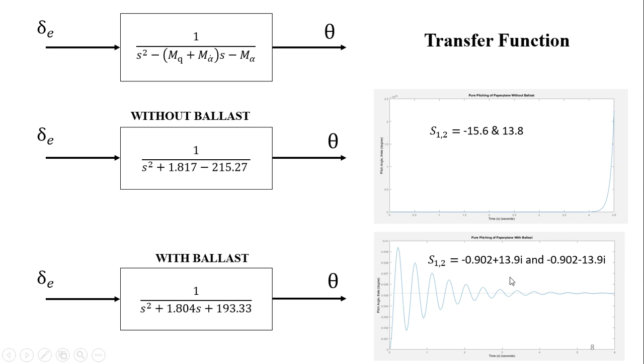The negative real parts of the complex roots will produce decaying sinusoidal oscillation, and the imaginary parts will affect the period of the oscillation. Since both of the roots are located at the left half plane of the root locus, the paper plane is dynamically stable.